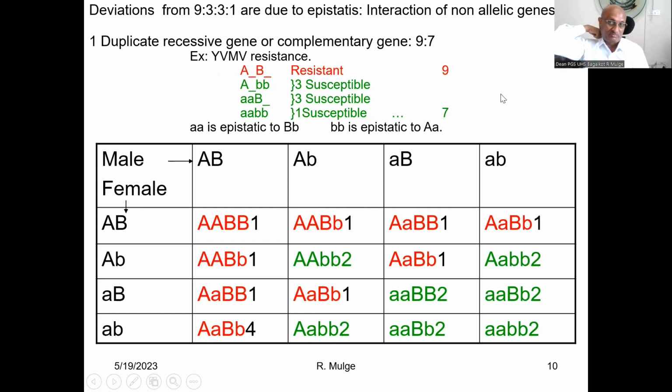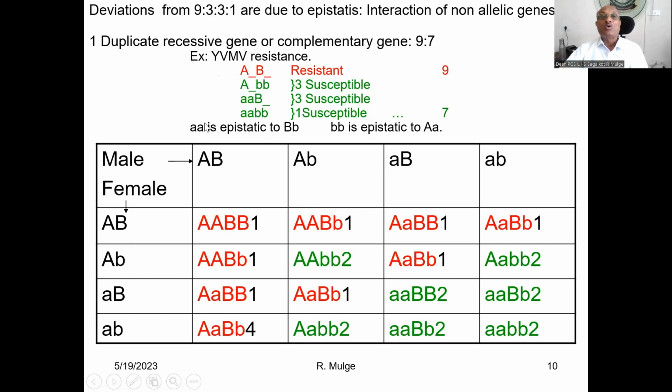You'll get this YBMB resistance in some of the breeding programs where the source of resistance depends on it. If both the genes have at least one dominant allele, you will get resistance. And if either of the genes is homozygous recessive, the plant will be susceptible to YBMB.